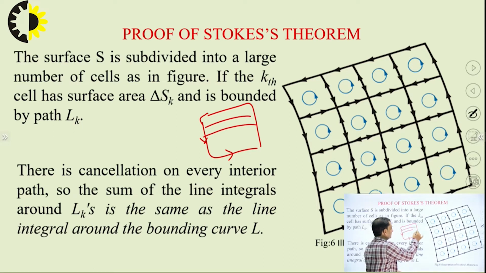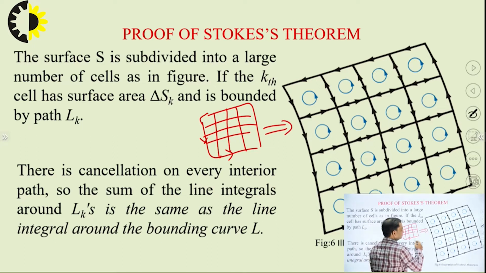We are bifurcating this complete surface, dividing it into small cells, right? The representation is like this. Here this is the path, the outer boundary, and this becomes the surface. The surface S is divided into a large number of cells, as given in the figure as well.